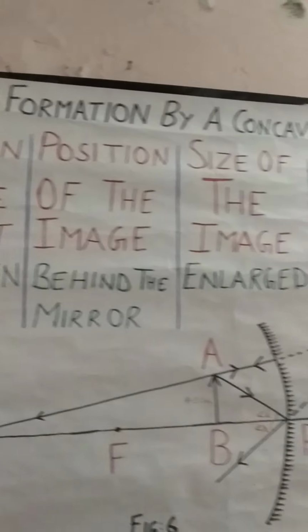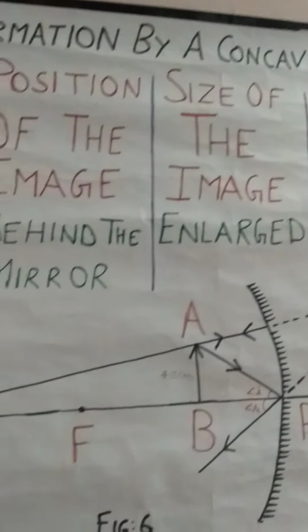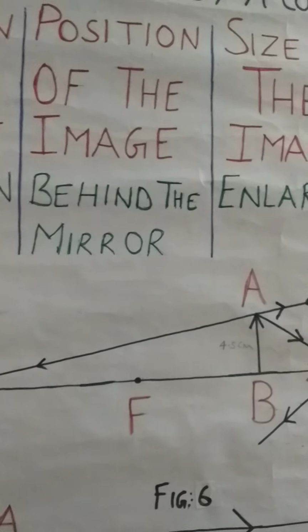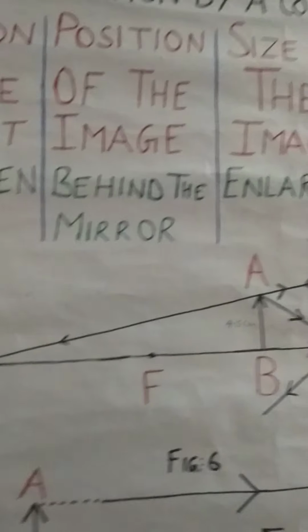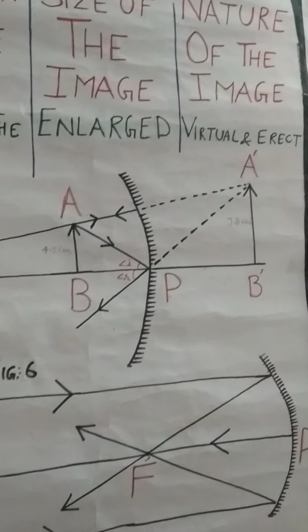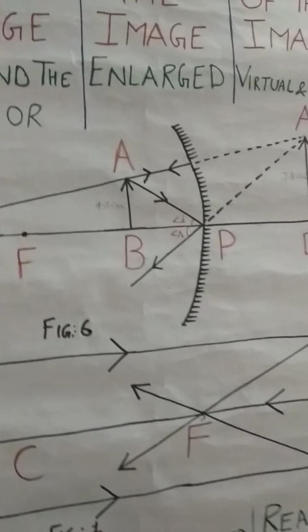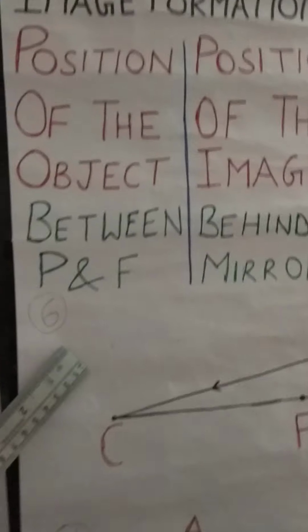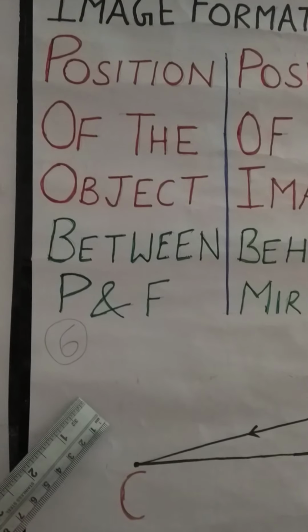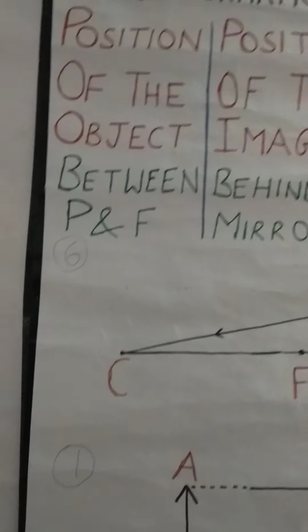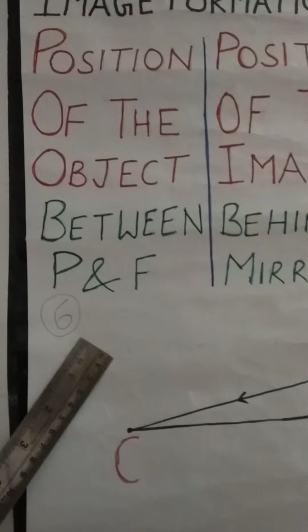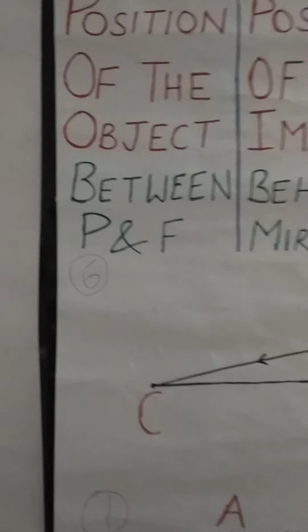Image formation by a concave mirror: real images are formed except when the position of the object is between pole and focus. A virtual image is formed only when the position of the object is between pole and focus.